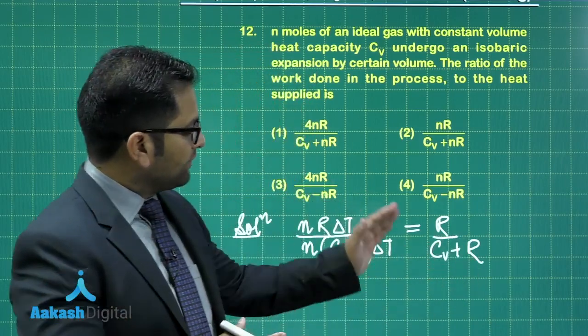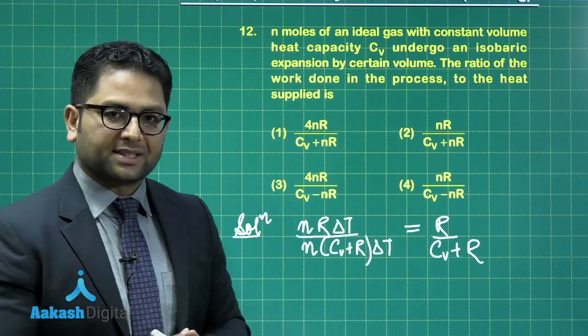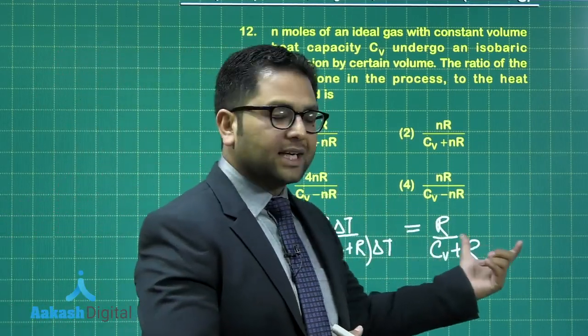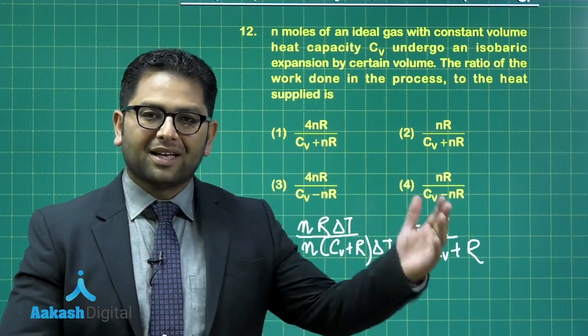So here we leave the answer up to this point and we would say none of the given options is matching, and this is the correct option to the best of our information and knowledge. Let's move to the next one.